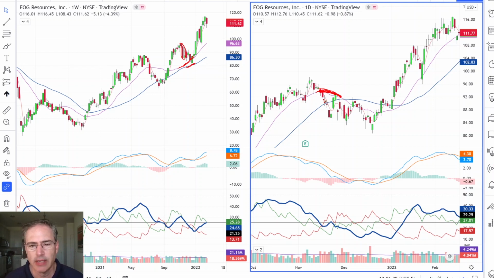Okay, so I don't really want to get long on a weekly chart if I'm fighting the daily trend. And this is sort of defining the daily trend, especially because the 18, which had been rising, is now rolling over. So I know I've got a little bit of time.